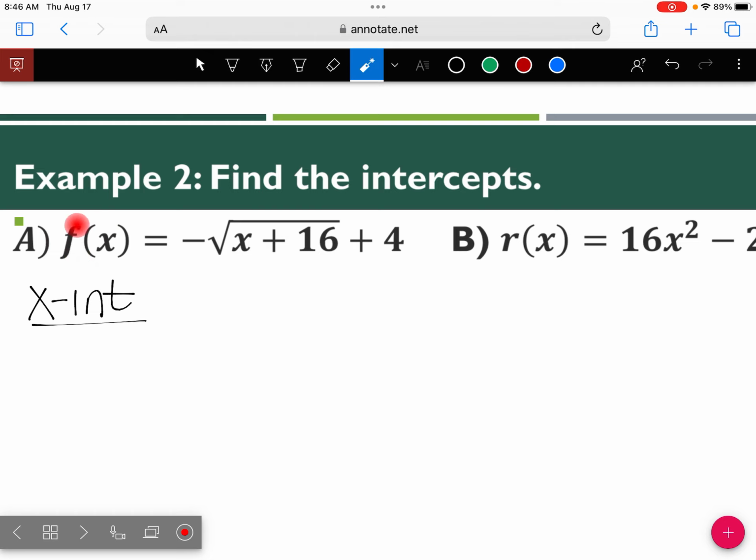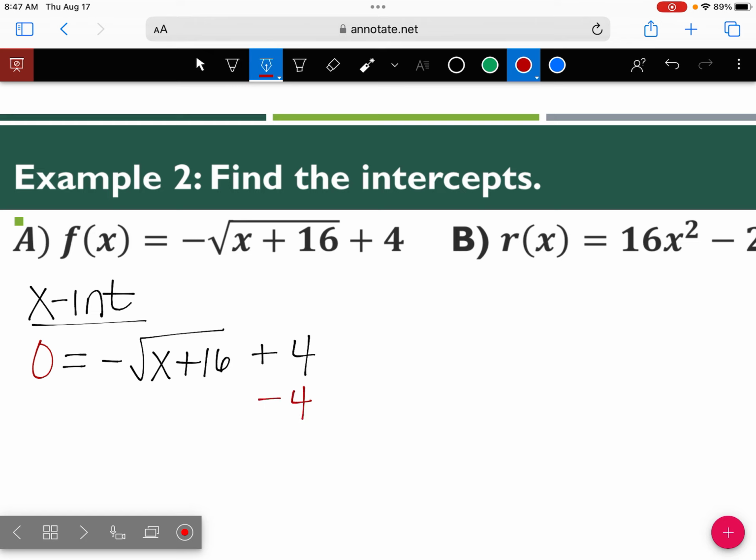So I'm going to put a 0 right here. This entire term becomes 0. So I get 0 equals a negative times the square root of x plus 16 plus 4. And we're going to solve that equation for x. So the first thing I'm going to do is subtract 4, which gives me negative 4 equals negative 1 times the square root of x plus 16.